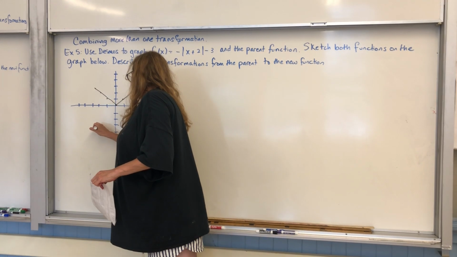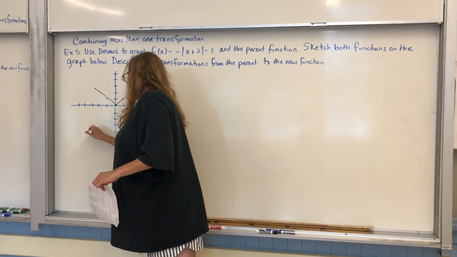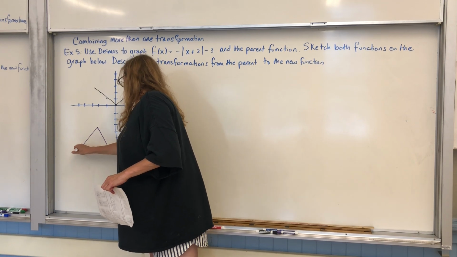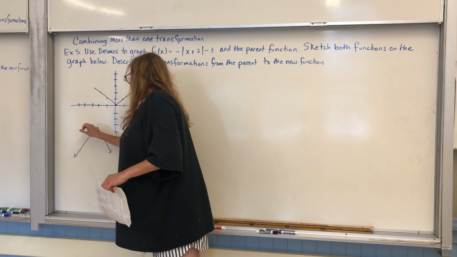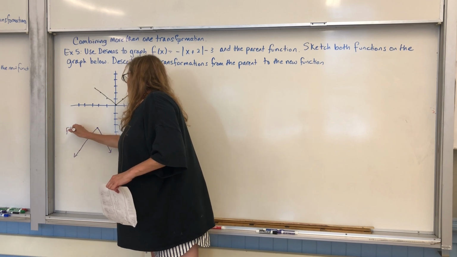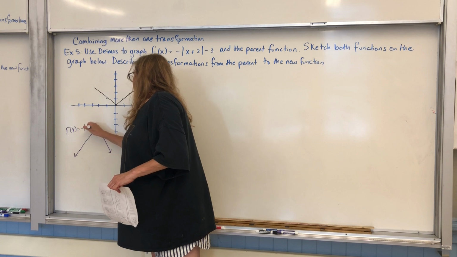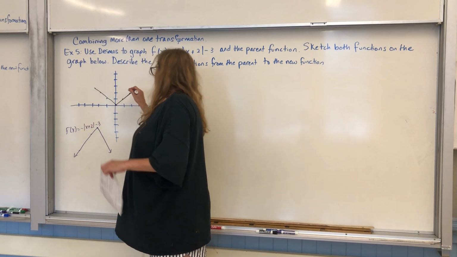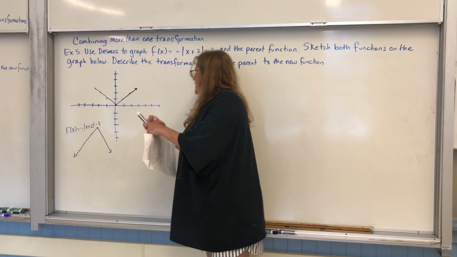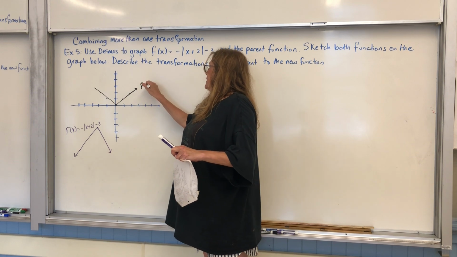Right, so if I sketch this, it's going to look like that. So this is f of x equals negative absolute value x plus 2 minus 3, and this one is f of x equals absolute value x.